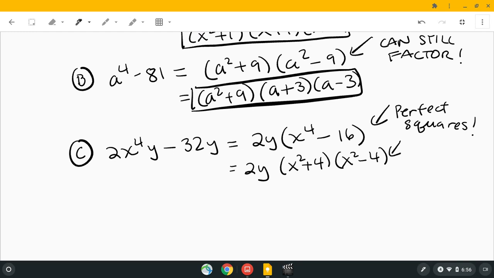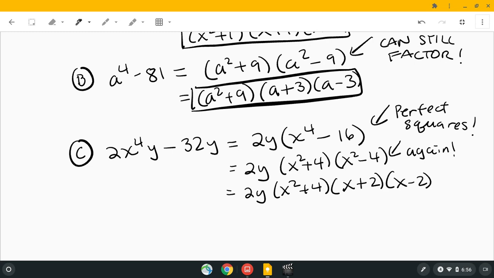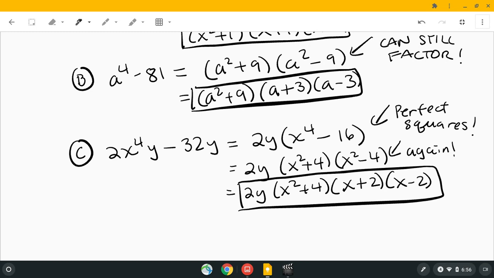We have perfect squares again. So I'm going to go ahead and factor some more. This one doesn't, because remember, sum of squares does not factor. But difference of squares does. x plus 2, x minus 2. And nothing else factors, so that would be it.